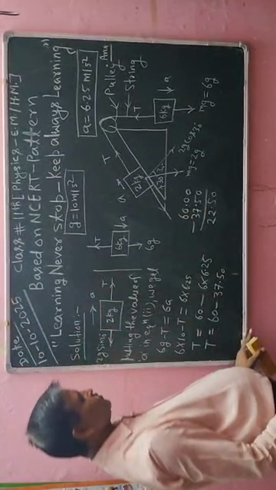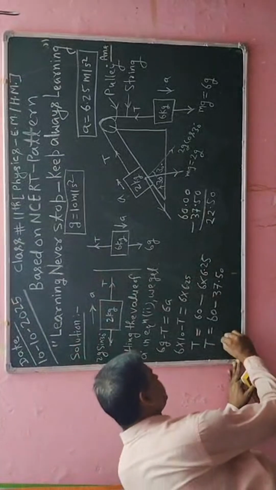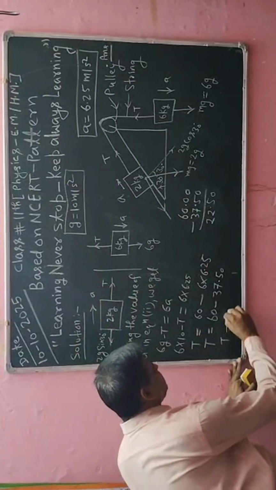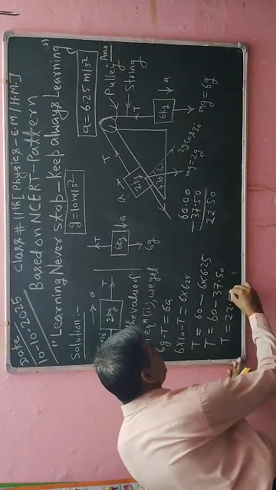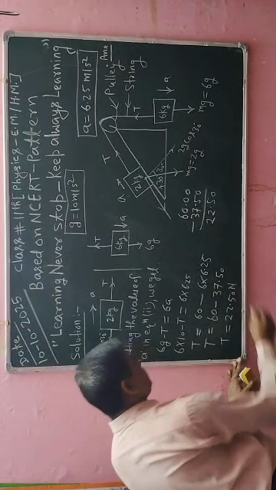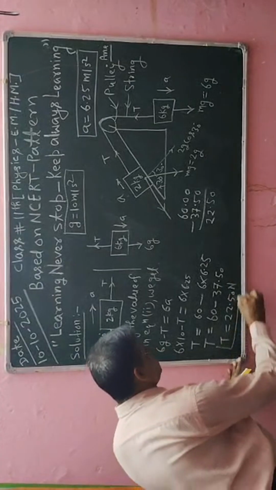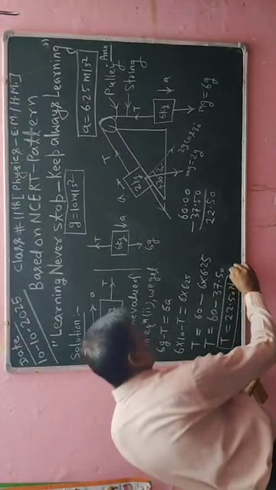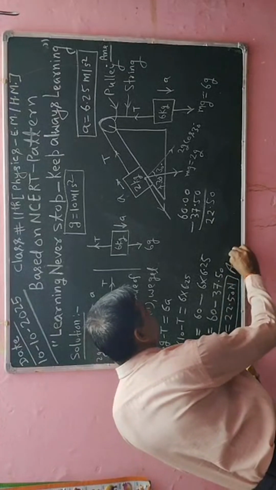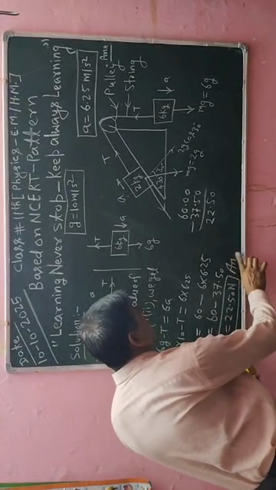So it means 22.5. So T is equal to 22.50 Newton. Okay, so this is the tension force which is existing in the string. So this is the second answer of the question.